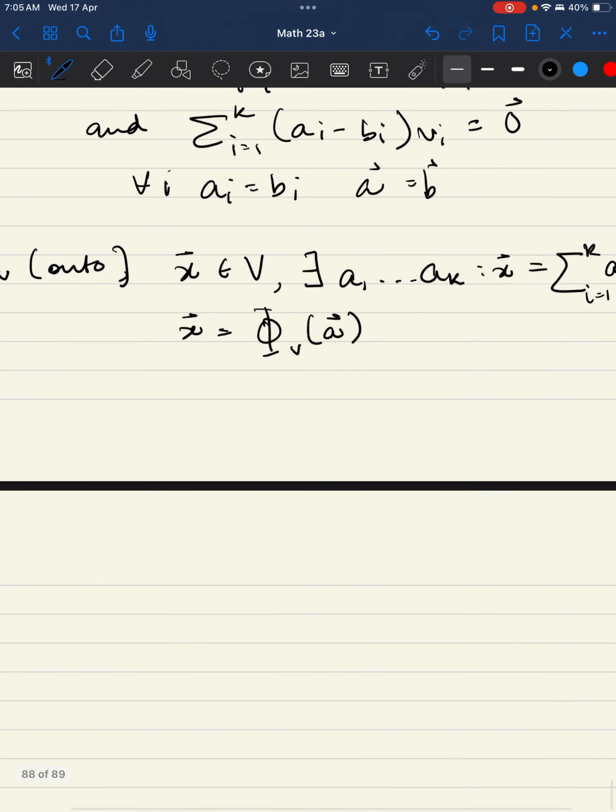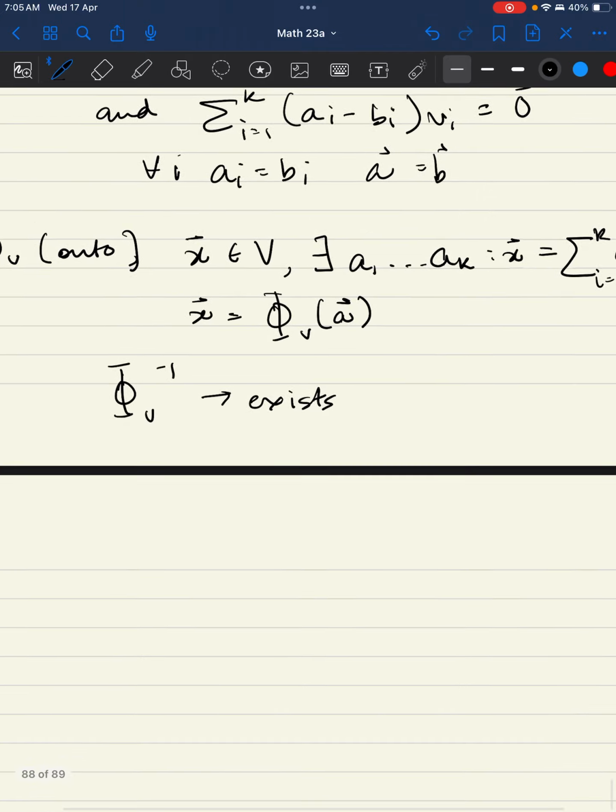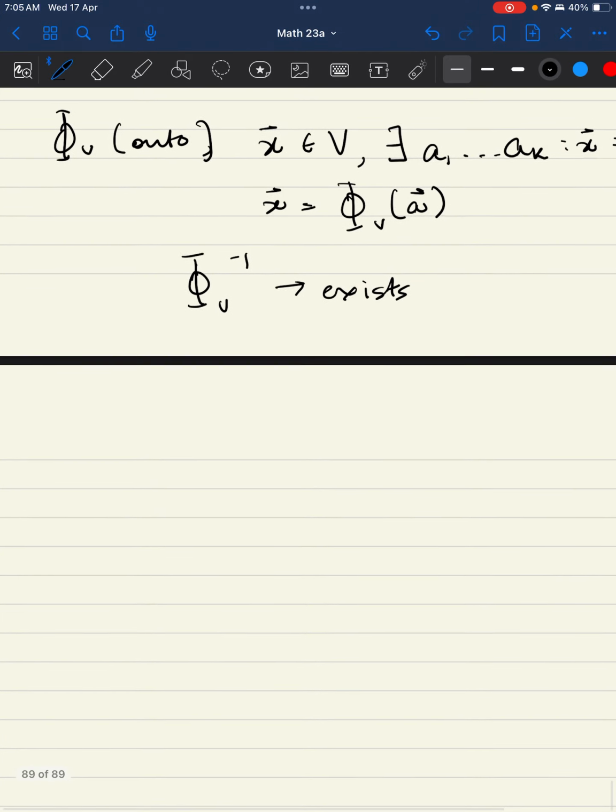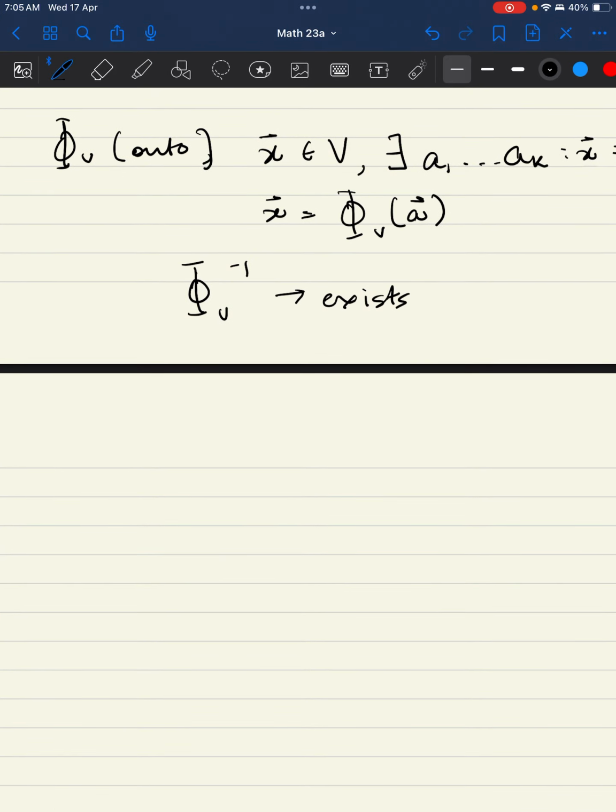So since it's both one-to-one and onto, that would mean that the inverse of this also exists, and the functions therefore would be something like R^k.